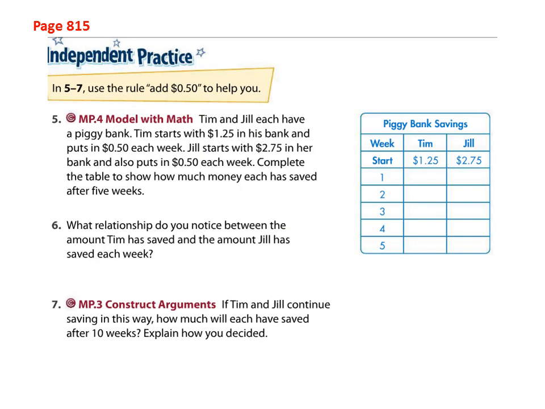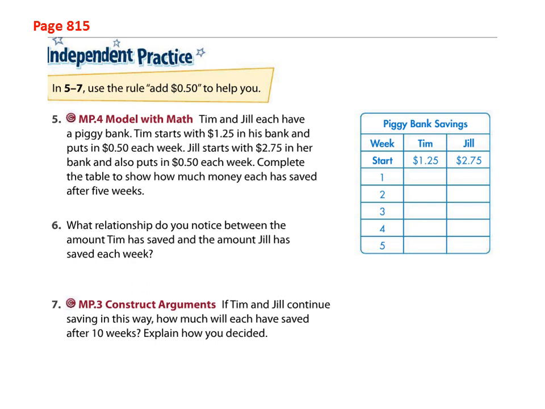In 5 to 7, use the rule add $0.50 to help you. So the rule here, we must add 0.50 each time. Question 5 says, Tim and Jill each have a piggy bank.